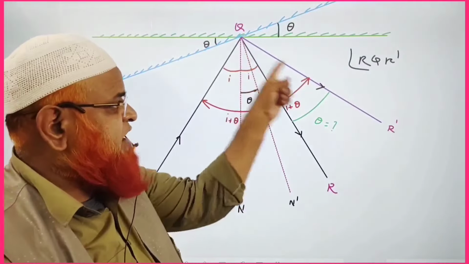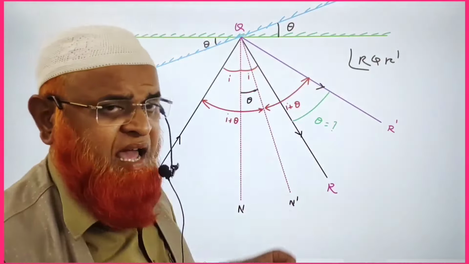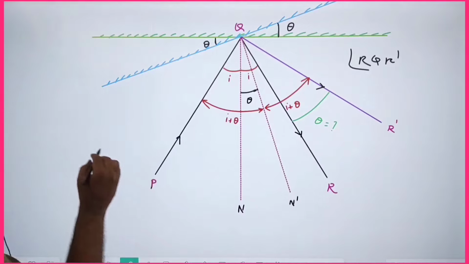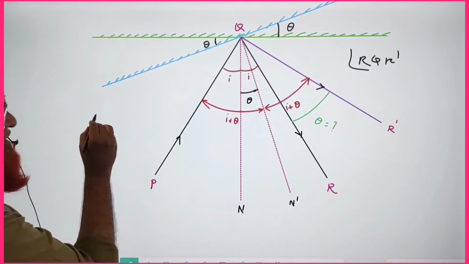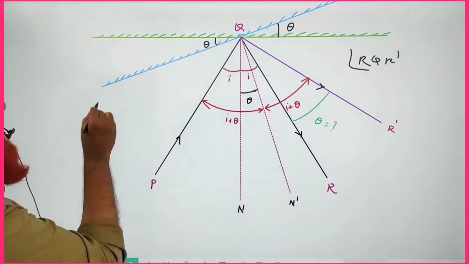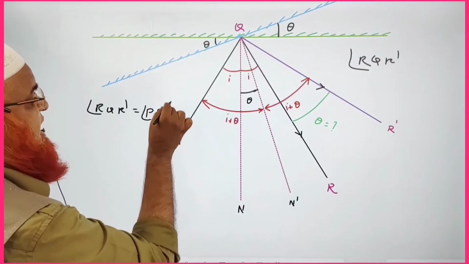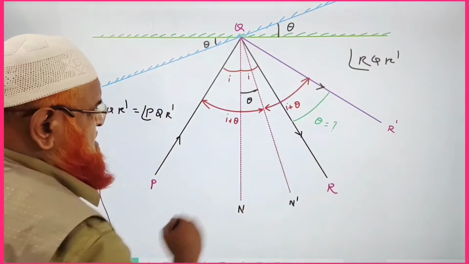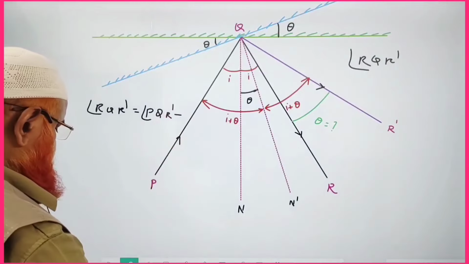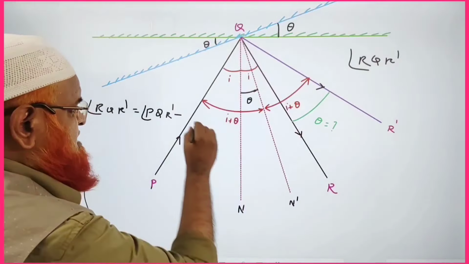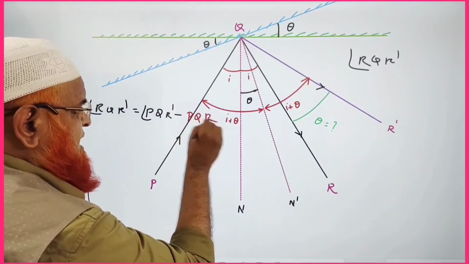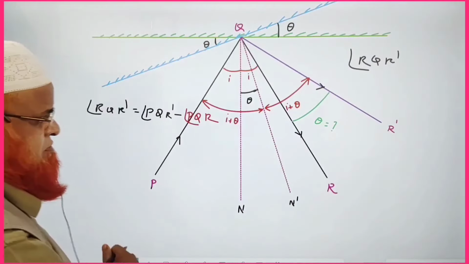So how are you going to find out this angle R Q R dash? Very simple. You have to take P Q R dash, and in this P Q R dash, you have to subtract P Q R, this angle P Q R. Then what happens?